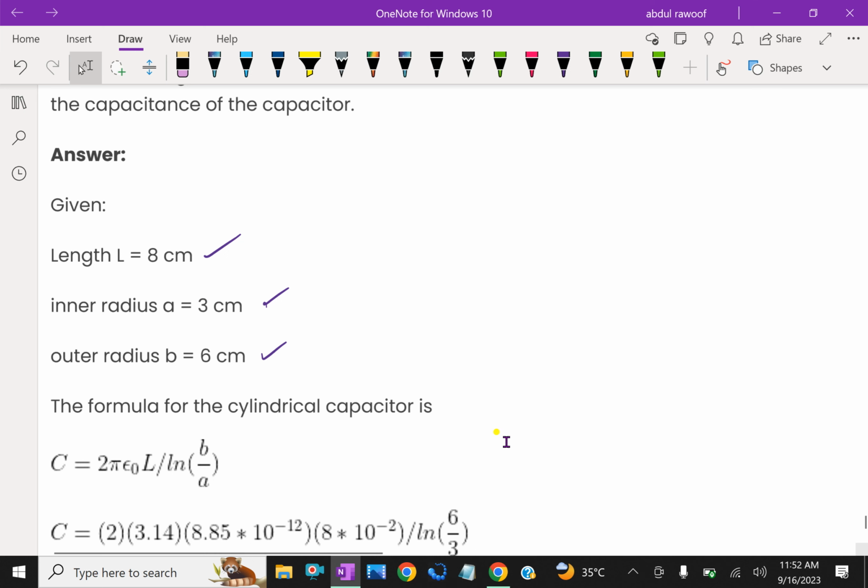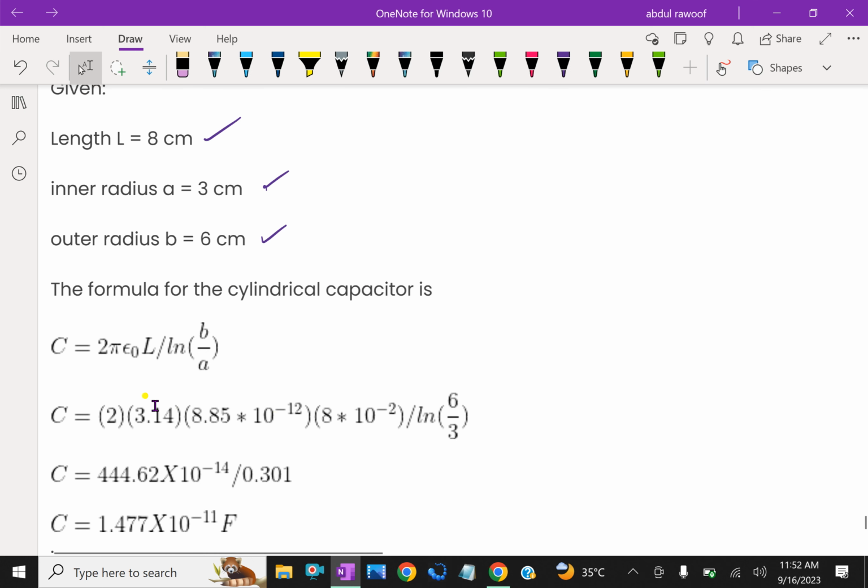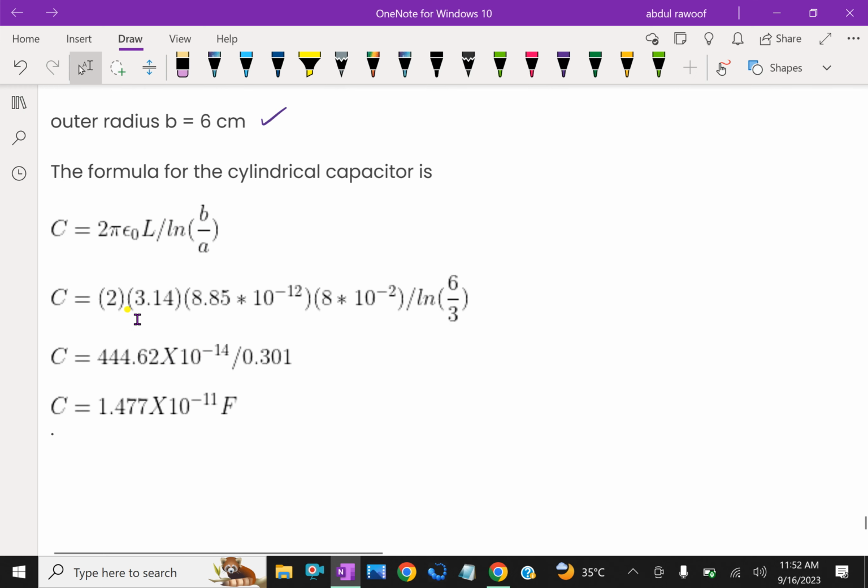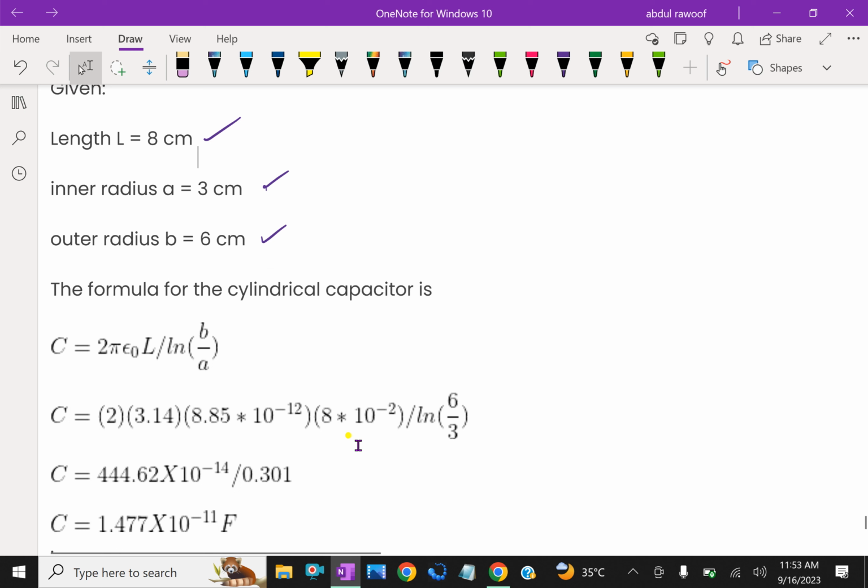The formula for a cylindrical capacitor is C equals 2 pi epsilon 0 L over ln b by a. ln means log e. Now we use the values: 2 pi, epsilon 0 is 8.85 into 10 raised to minus 12, and length 8 centimeter is converted to meter, 8 into 10 power minus 2, over ln b by a.